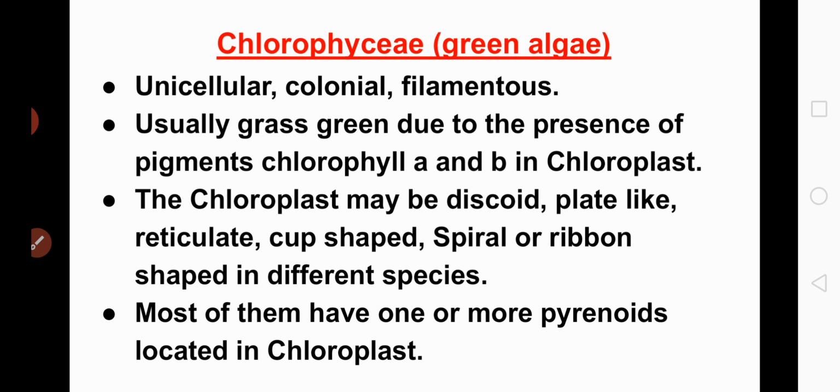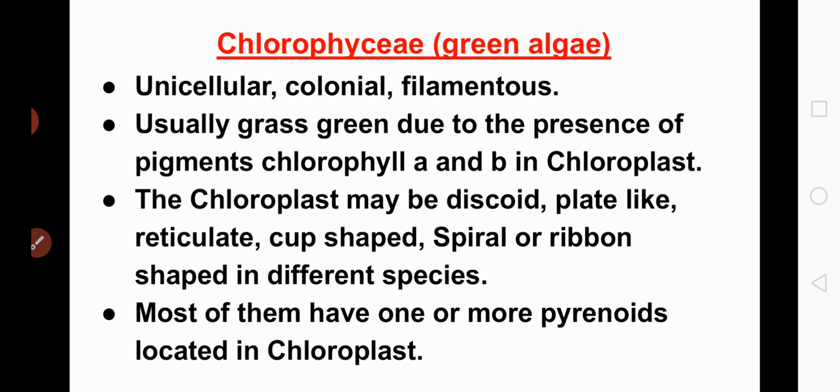Because of these pigments they are grass green in color. Most of them have one or more pyrenoids located in the chloroplast.